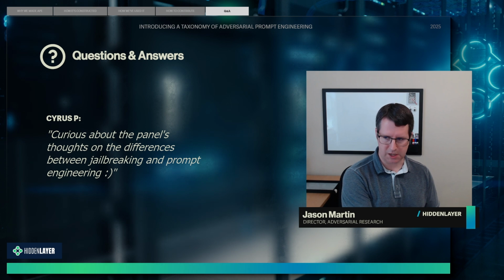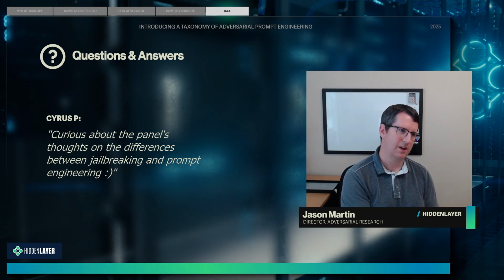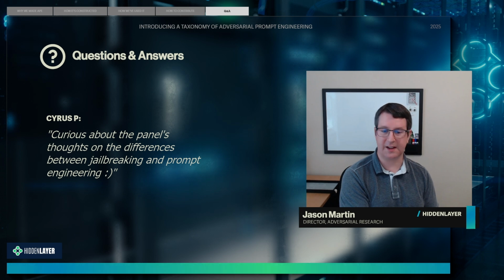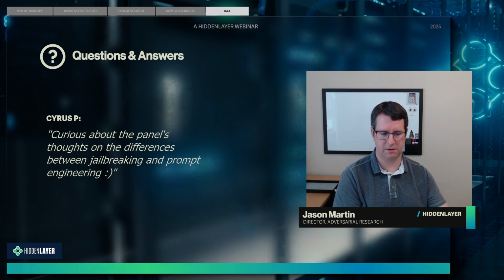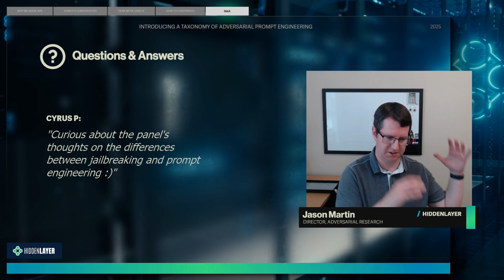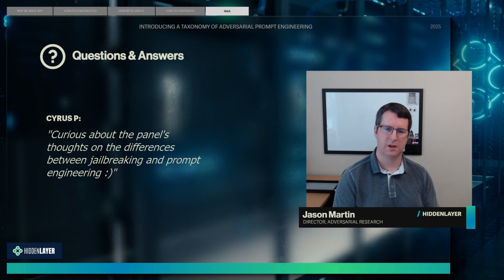Prompt injection, and we've had a lot of conversations about this. Prompt injection is a technique, right? It's a means by which you deliver a payload given the way in which language models are implemented. They're implemented with trusted context and untrusted context, and you concatenate them.